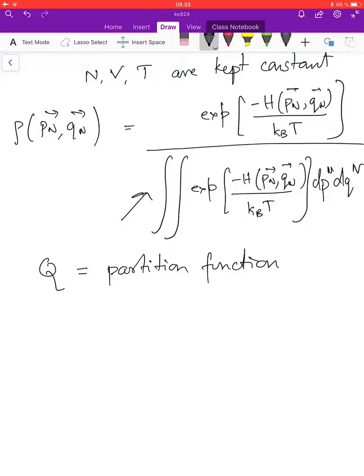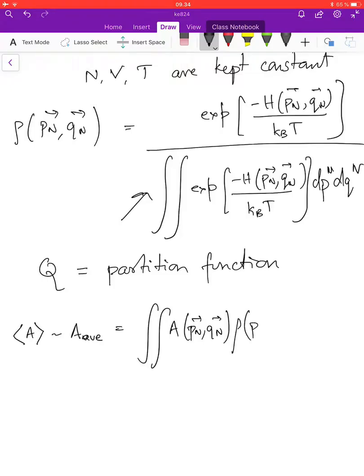Based on this treatment, the average of any observable A, as we have already written above, is equal to its value for a given set of momenta and positions multiplied by the probability density function, integrated over the entire phase space.